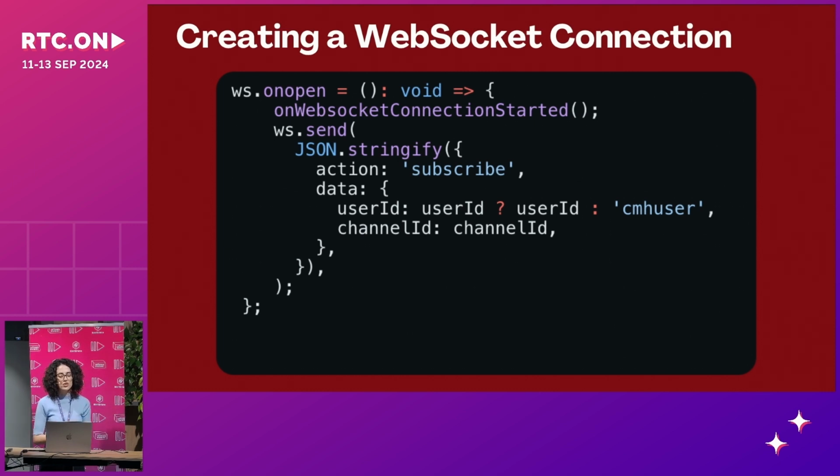Once the connection is open, onWebSocket connection started is triggered, which sends subscribe action to our server, and also we are sending one-time data like user ID and the channel ID. This means that the user which has started the stream will be connected to specific channel ID which is related to the stream.